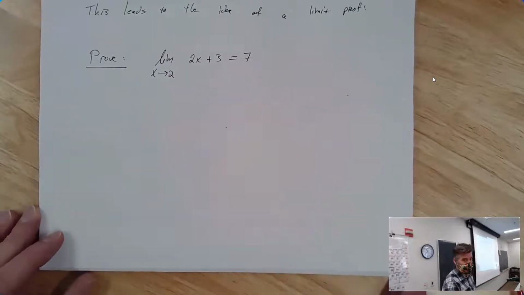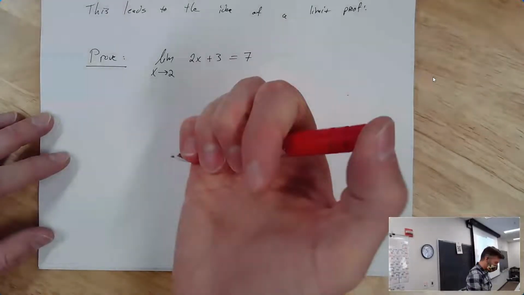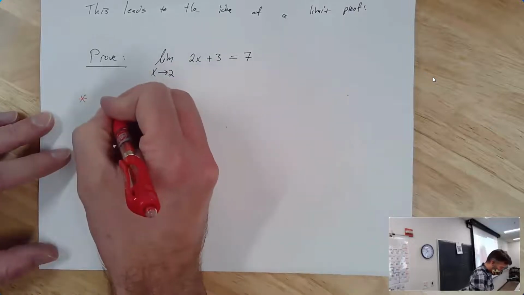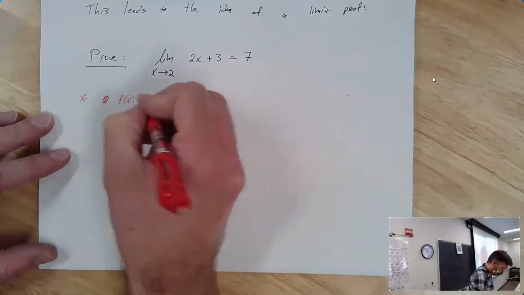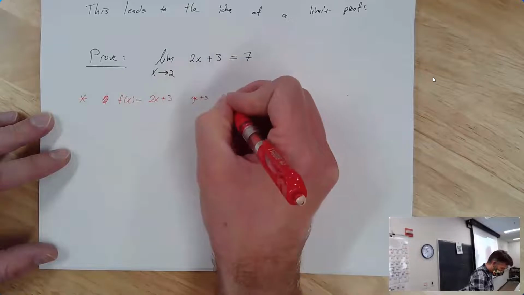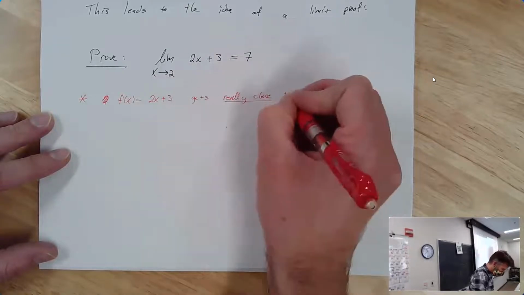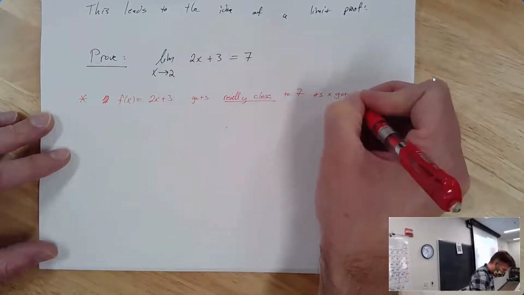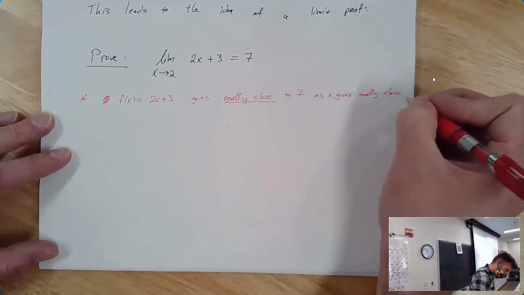So what does this limit really say? Well, I just want to remind you, all this says is that the function f of x equal to 2x plus 3 gets really close to 7 as x gets really close to 2.